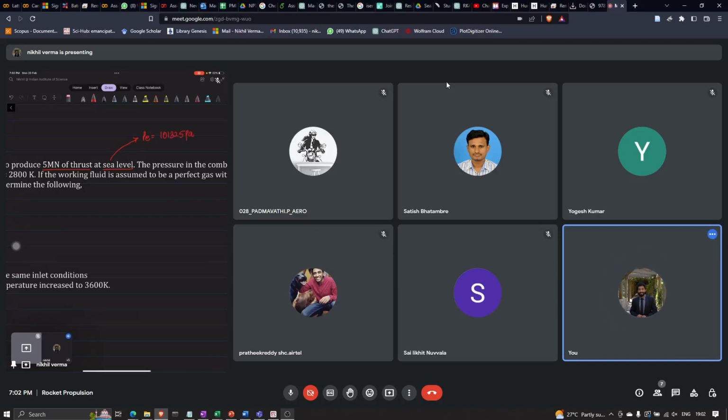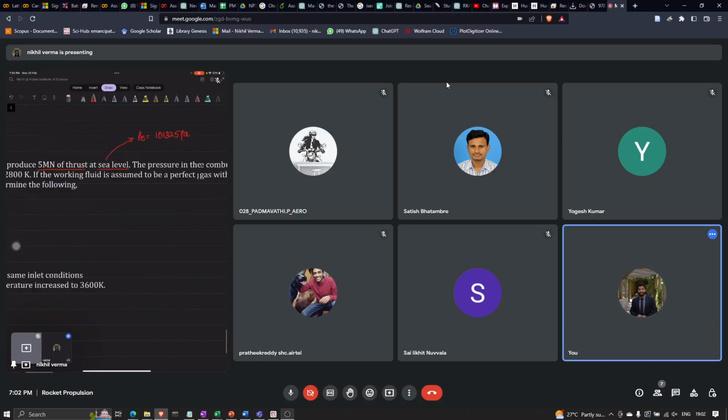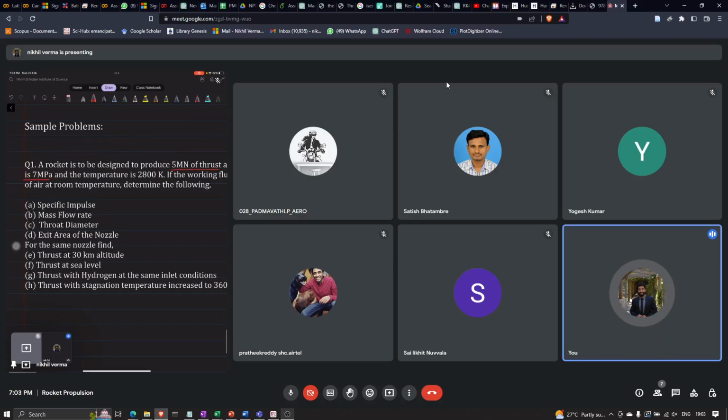Now the pressure in the combustion chamber is 7 megapascal. So this is telling you P naught, right? So with this information, P naught is 7 megapascal, and the temperature T naught is 2800 Kelvin.